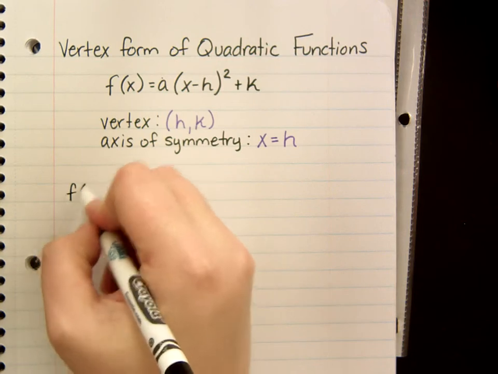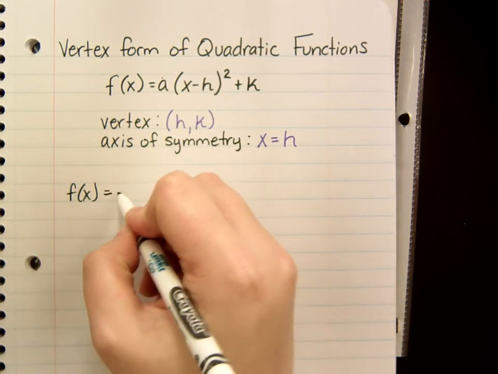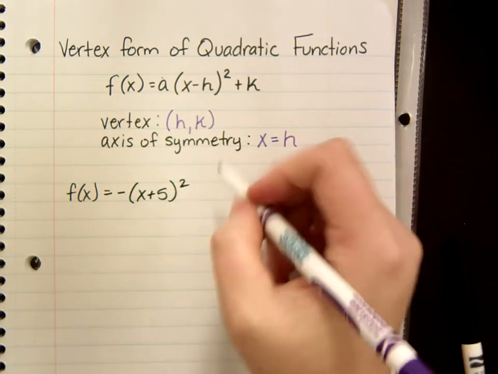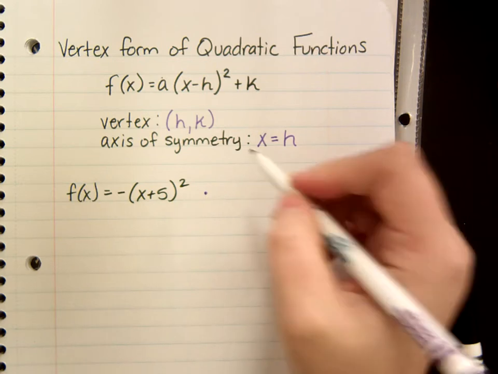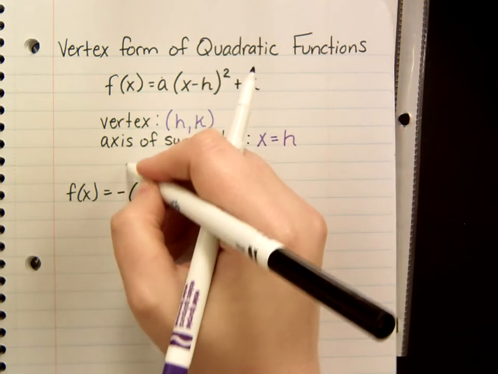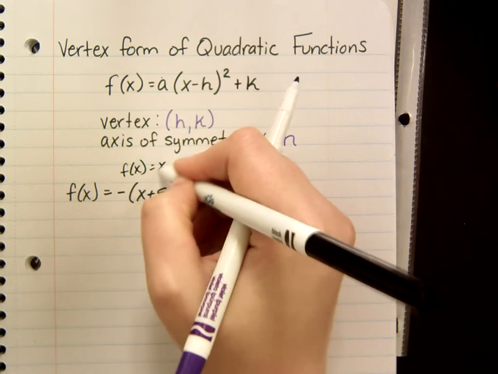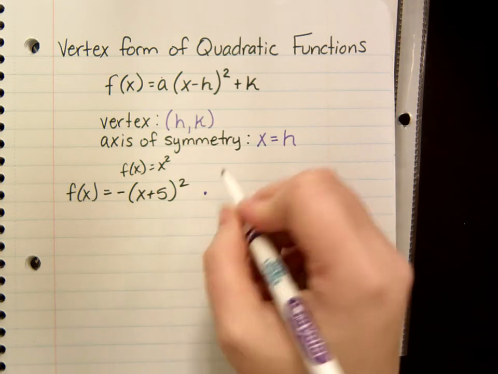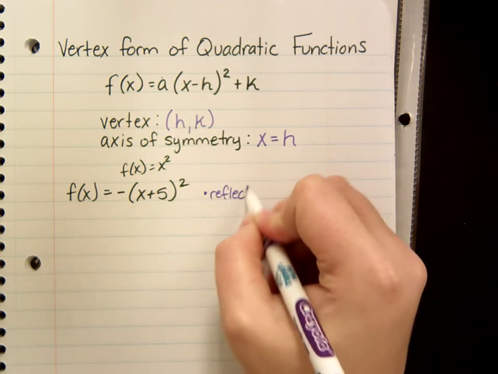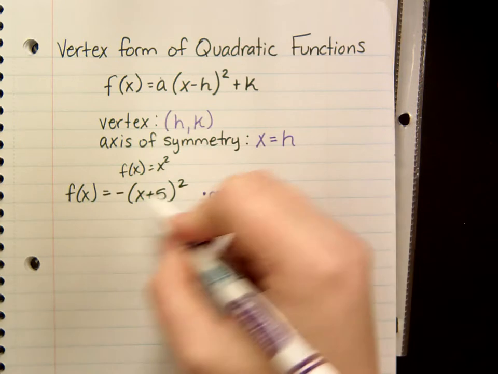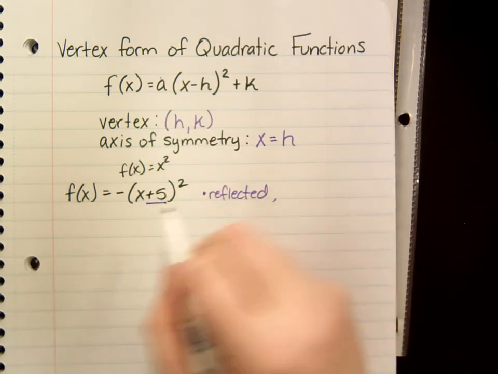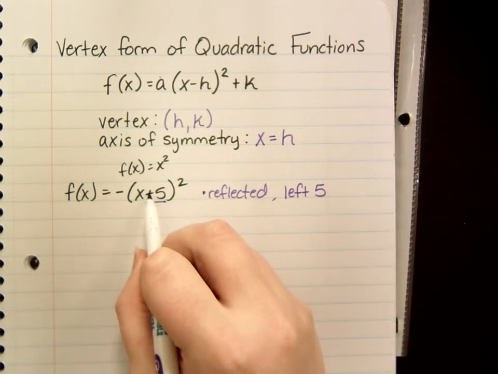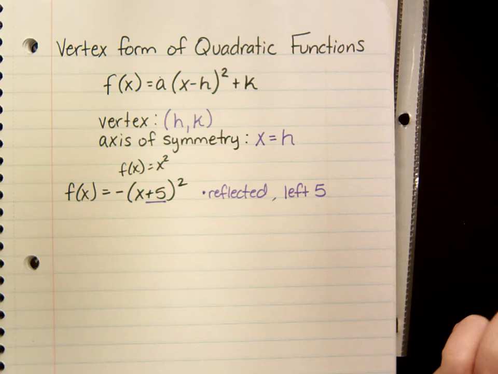So, for instance, if I had f of x equals negative x plus 5 squared, I can tell pretty easily that compared to the parent function, which, remember, is x squared, this graph has been reflected over the x-axis, and it's also been moved left 5 units. Remember, changes on the inside are opposite direction of what you would think, and it's horizontal.